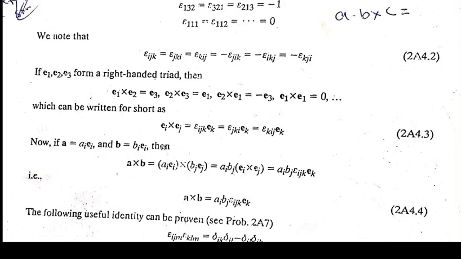This would be A1 e1 plus A2 e2 plus A3 e3, like B. Now we will calculate their cross product A cross B. This is A cross B equals, now Ai and Bj, they both are scalars, so we can take these out, Ai Bj, and we have ei cross ej, and ei cross ej equals this, so we can write this. Now this is the A cross B.